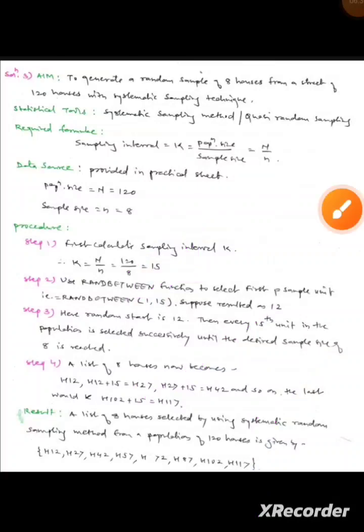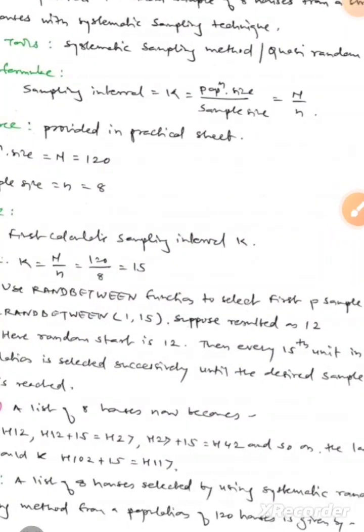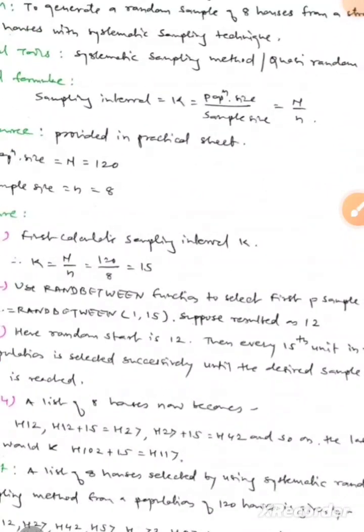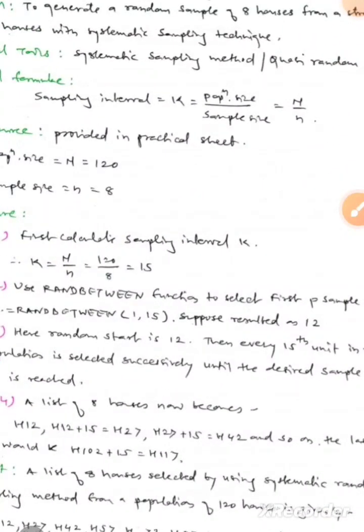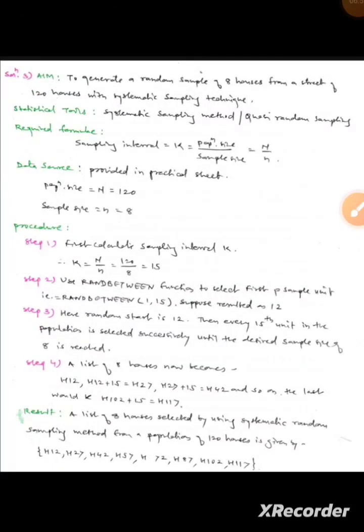The next one is H72. Next is H87. Next is H102. And finally it is H117. So these are the 8 houses that I have selected with the help of the systematic sampling technique.